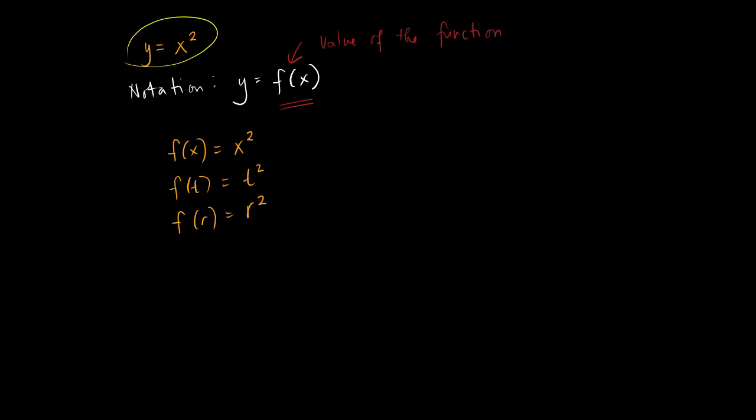If I want to use letter r, I may write this as f of r equals r squared. I may also use capital F, like capital F of x equals x squared. Capital F of t equals t squared. Capital F of r equals r squared. I may also use g, small g or capital G, g of x equals x squared.